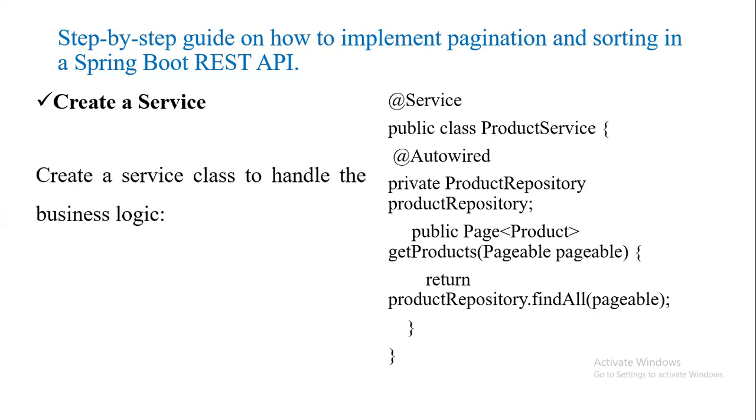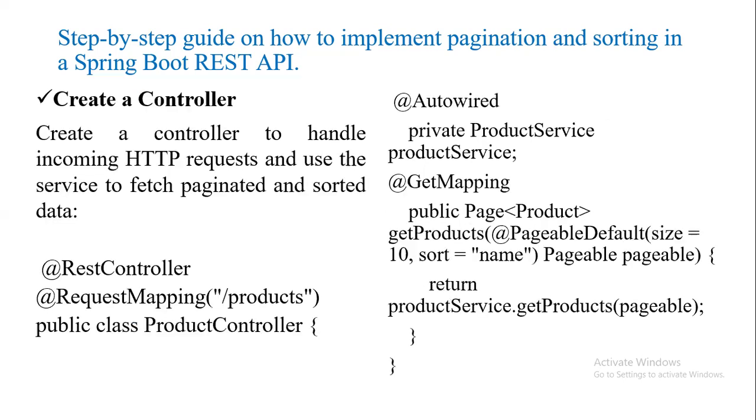Next, we are creating a method called getProducts, which returns a list of Product entities. This getProducts method has an argument called pageable as an object, and it returns the repository's findAll for the Pageable object. Next we need to create a controller file.